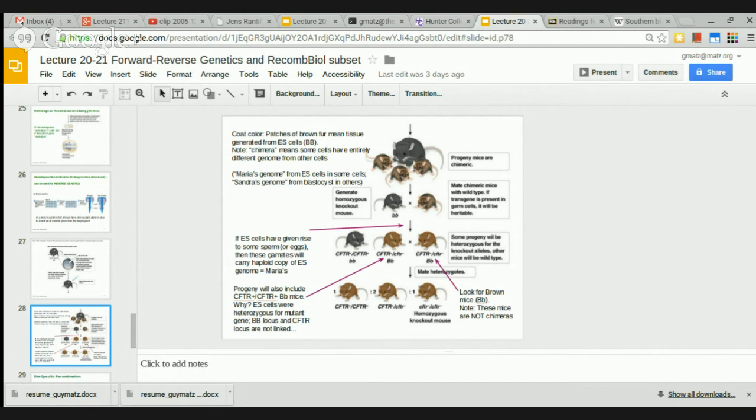I'm just going to look for a gene that has CFTR sequences, that when you use primers around the insert, you see neo, okay? So at any rate, you can identify which of these progeny do carry the mutation, and if you mate them with one another, you're going to end up with homozygous knockout mice.